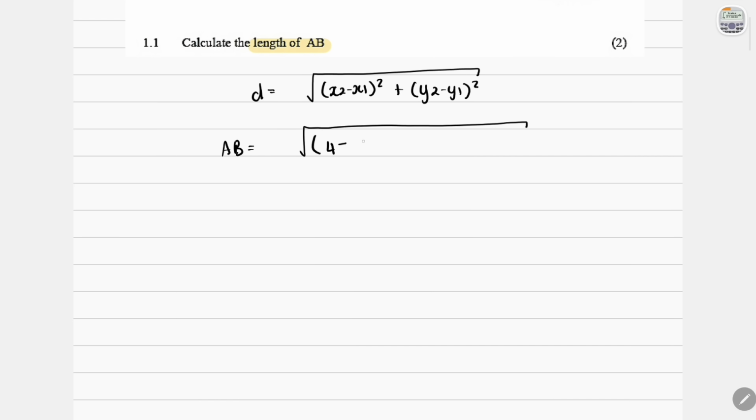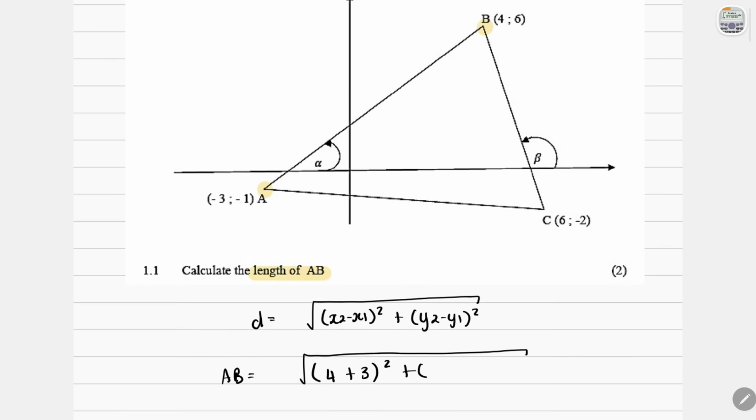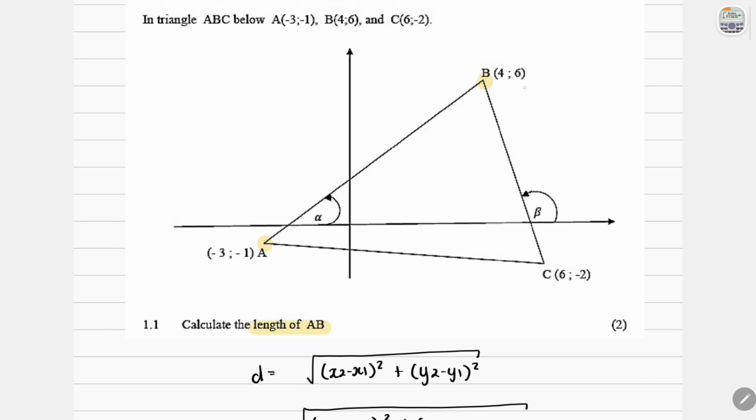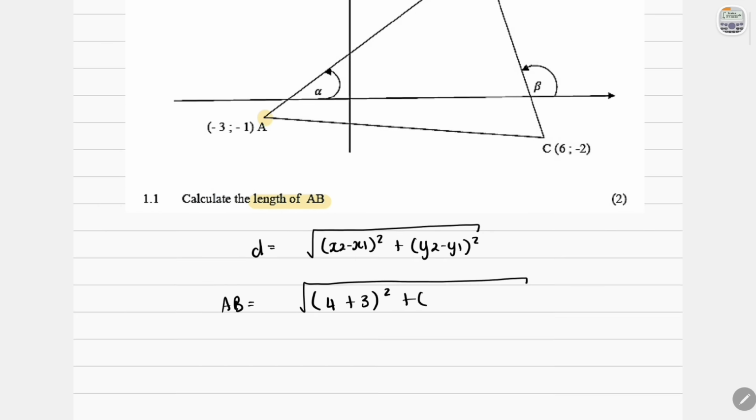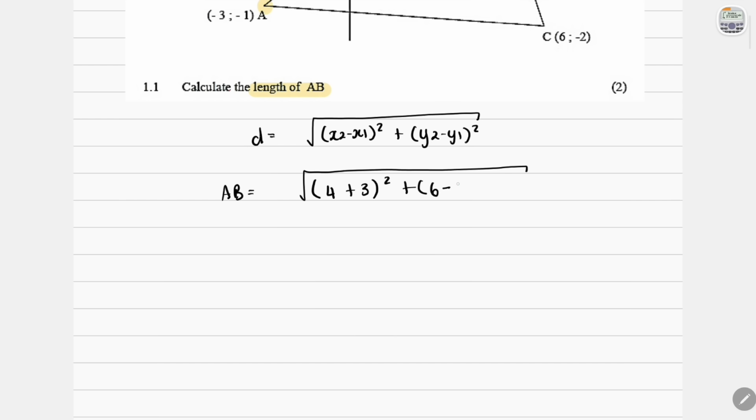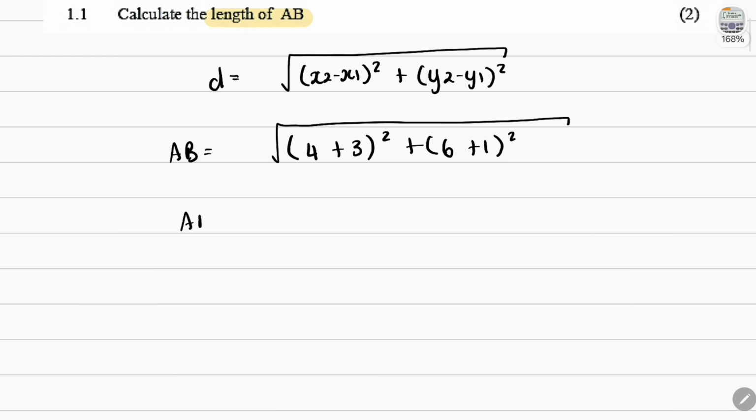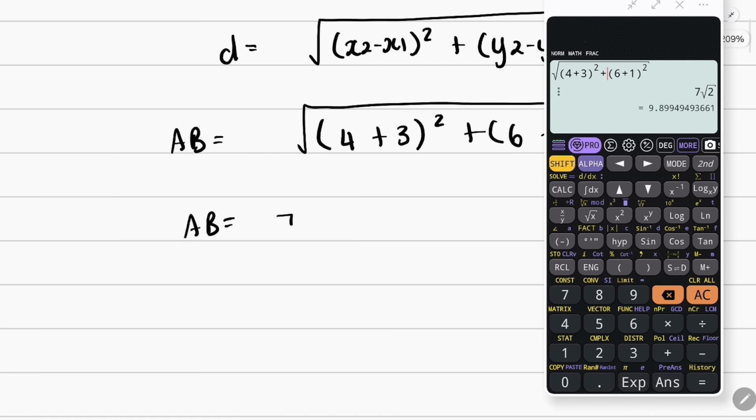So if you say 4 minus -3, you see how this will become a plus 3 because of that negative times negative, all squared. And then we have y2 minus y1, and that is 6 minus -1, which just becomes a plus 1, all squared. And then go ahead and enter this into your calculator and let's get our answer. And our answer is 7 square root 2 units.